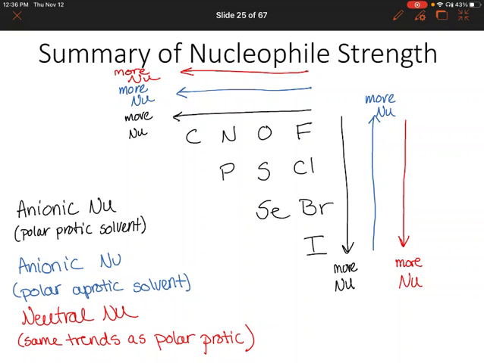So the less electronegative an atom is in a row, the more nucleophilic. And then if you're going down a column, the only one that's different is the polar aprotic solvent. So typically nucleophile strength increases down a column unless you have a polar aprotic solvent, and then it increases going up a column in strength.